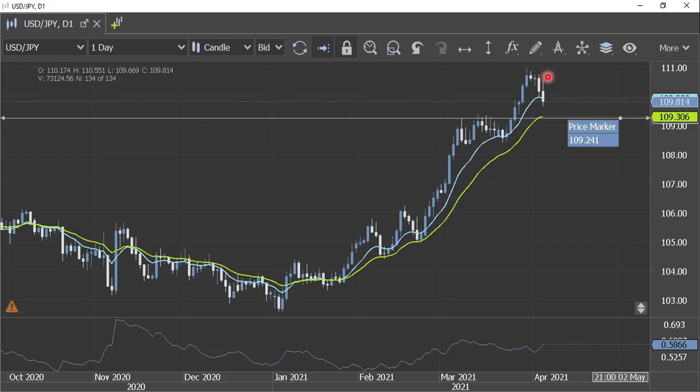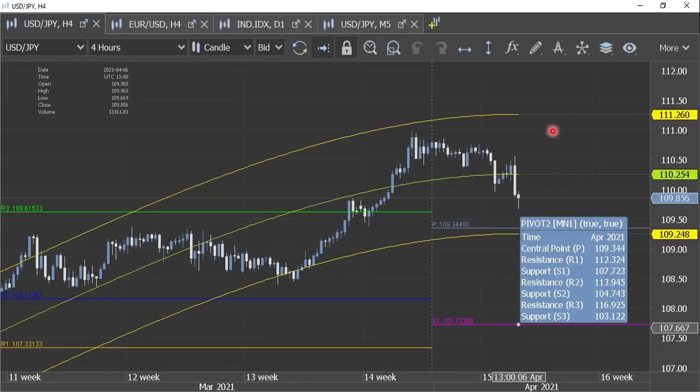And I think the probability is quite good that it might get closer to the prior swing high, the prior consolidation phase levels closer to 109. And if that is going to happen, we can, of course, start looking for some opportunities to go short. And for that, we will mostly have to rely on lower time frame charting.